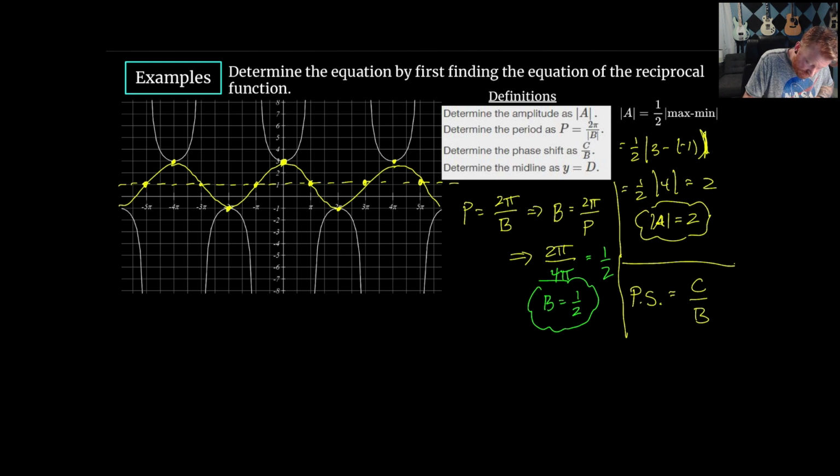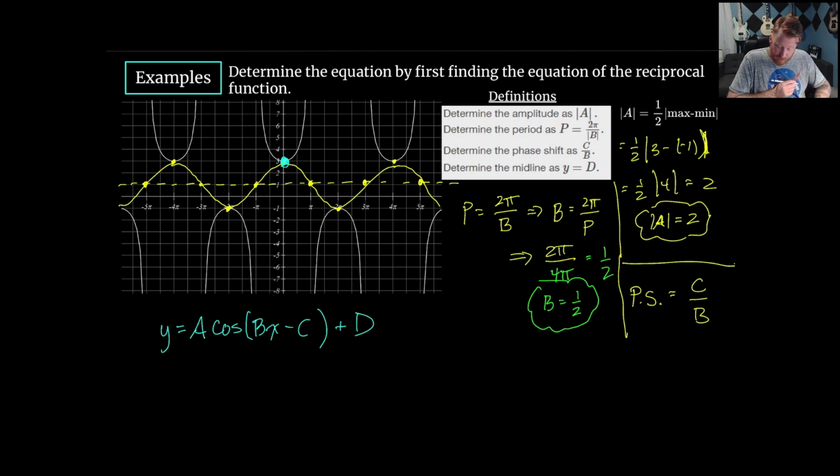Since this is starting up, topping out at 0, just like cosine would, I think that this looks a whole lot like a cosine function that hasn't been shifted at all. So if I'm going to start writing this, this should look like y equals a cosine bx minus c plus d. And since this isn't shifted at all, we know that c over b must be equal to 0, which tells us that c must be equal to 0.